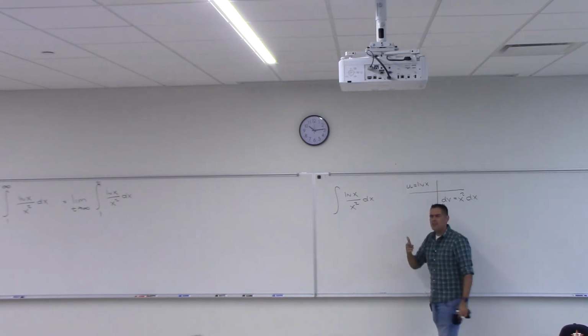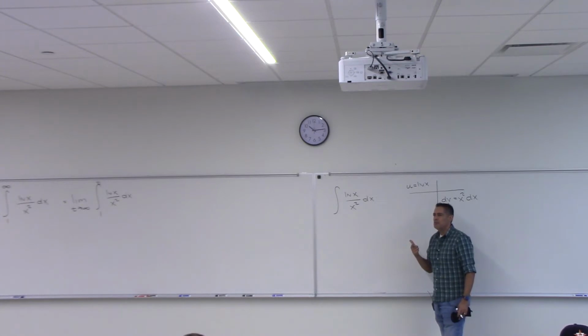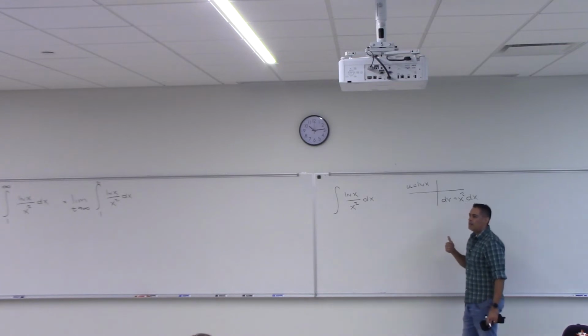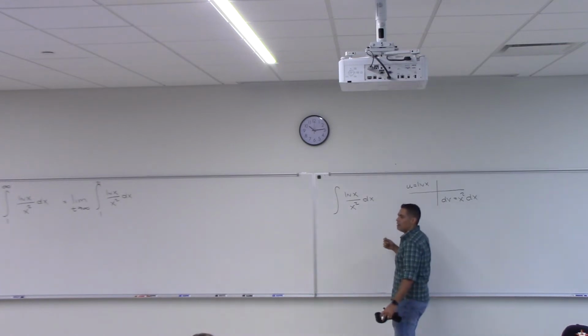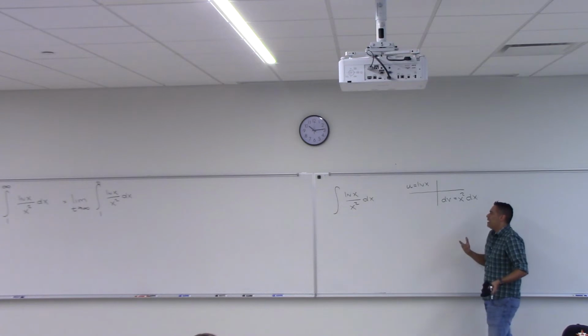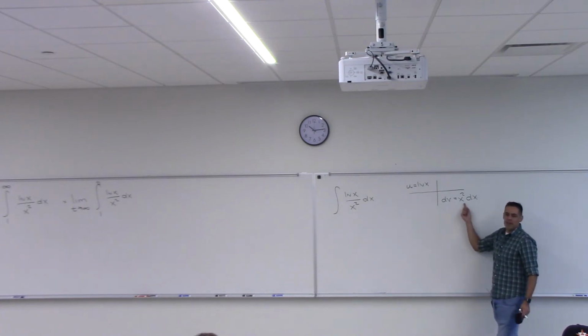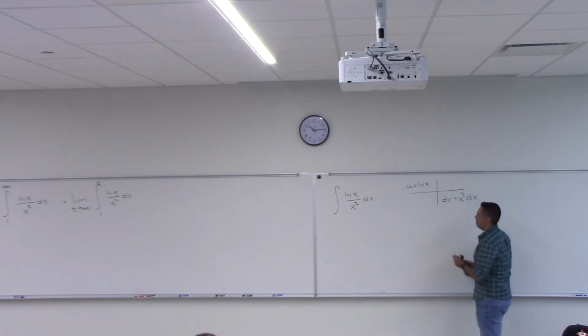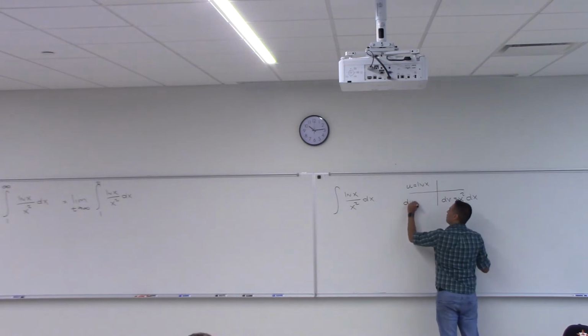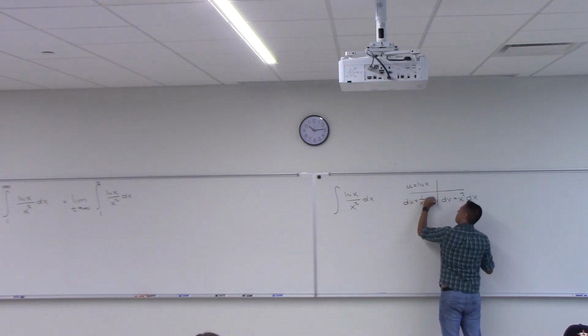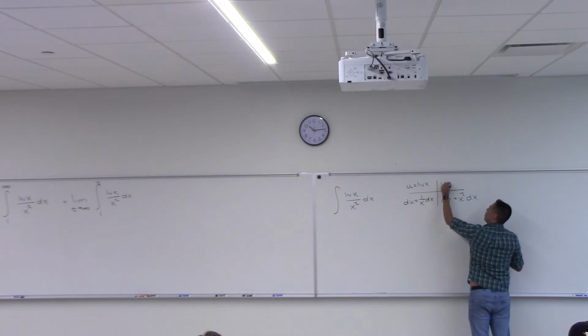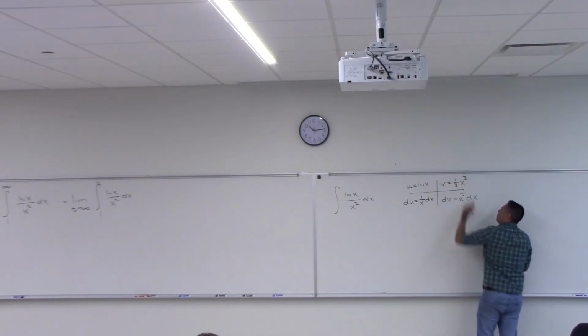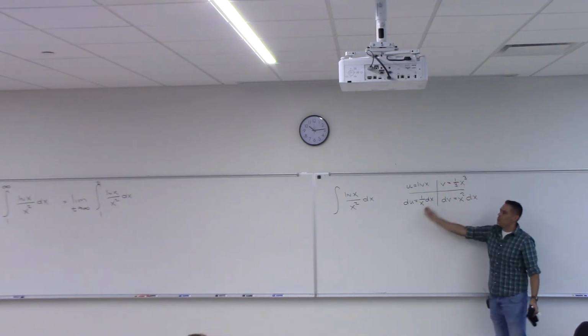If you pick natural log to be the other part, it's a mess. If you pick natural log here, it works out nice. So du here is 1 over x dx, and the antiderivative of this is 1/3 x cubed. Things work out nice because this 1 over x kills off one of those x's.